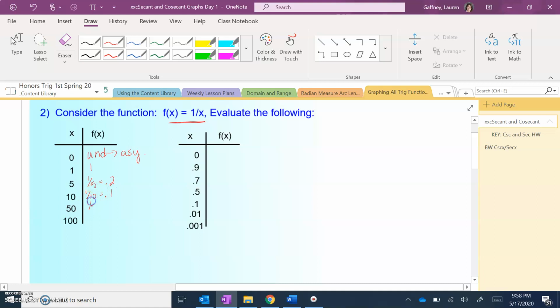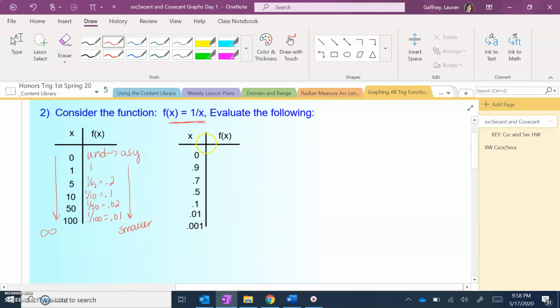Then I get 1/50th, which is 0.02, and 1/100th, which is 0.01. So as these get bigger, as they tend to infinity, these are getting smaller and smaller. Eventually they're going to tend towards 0, but they're not actually ever going to get to 0.